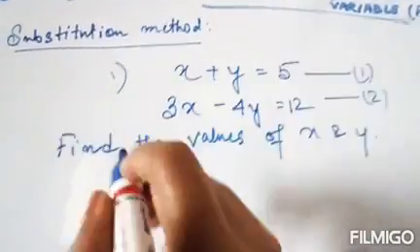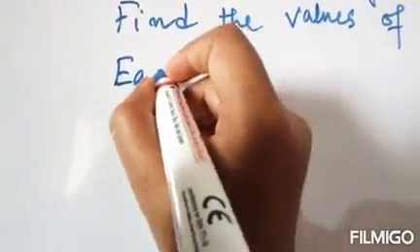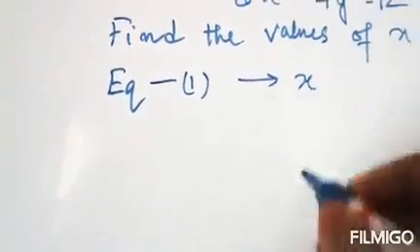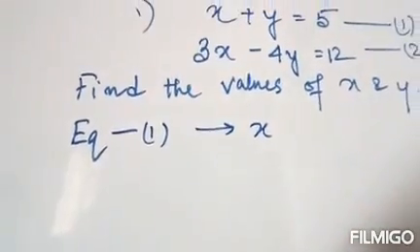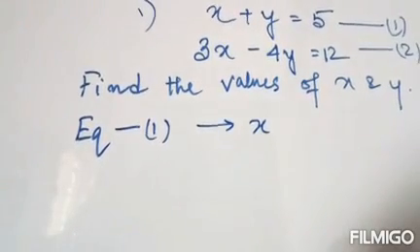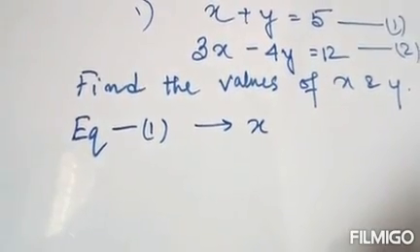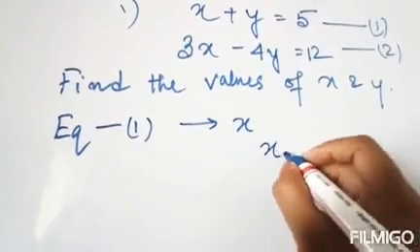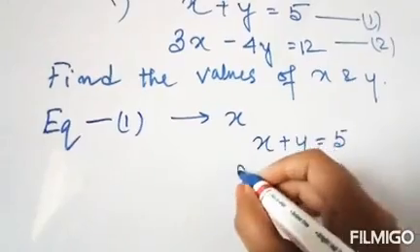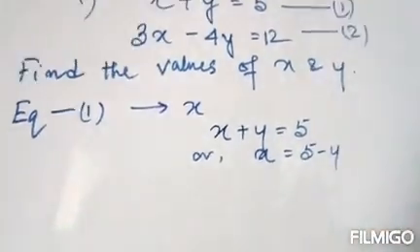So here let us take equation 1 and make x the subject of the formula, which means we take out the value of x from the equation. So what is x from here? x is equal to 5 minus y.